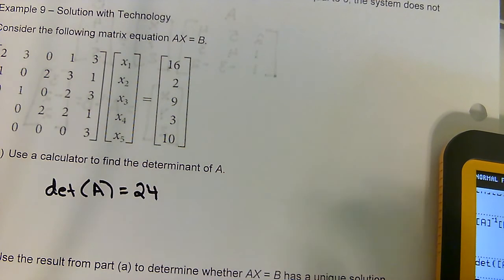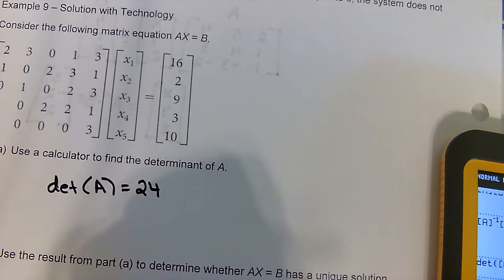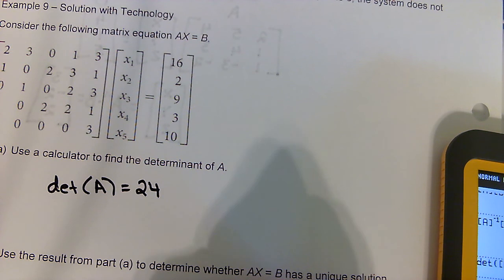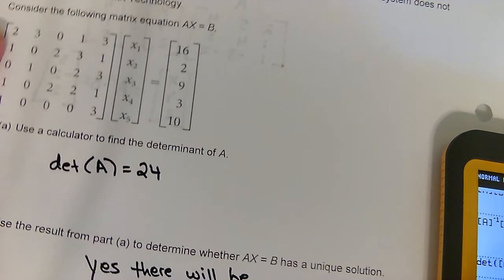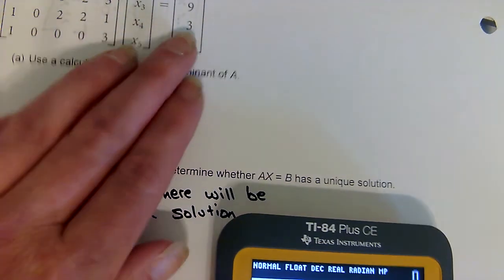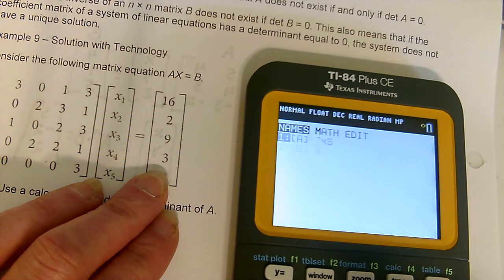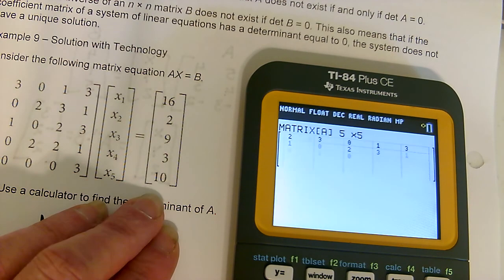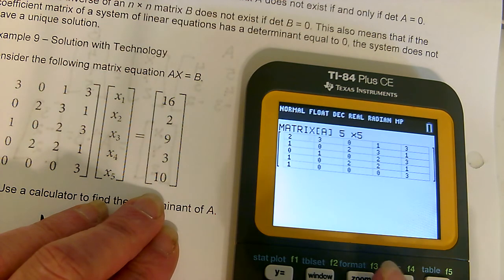So will we have a solution? Yes, there will be a solution. Whoops, you can't see that. Let's find it. I'm going to go ahead and put in matrix B. Whoops.